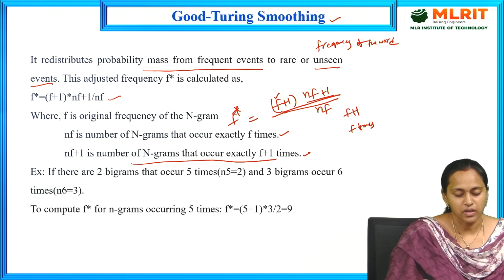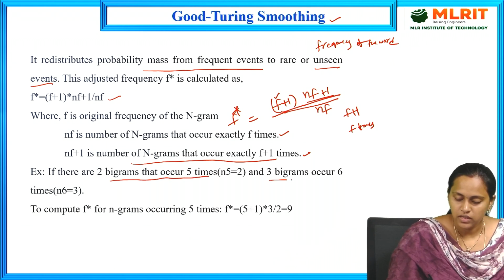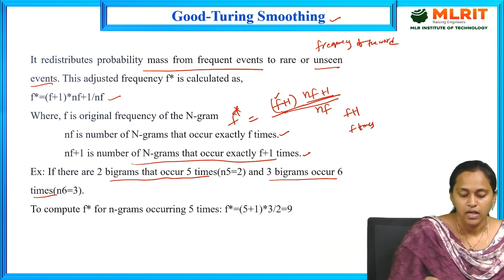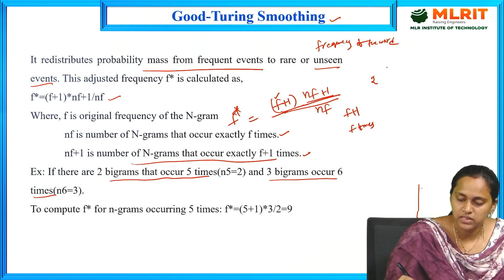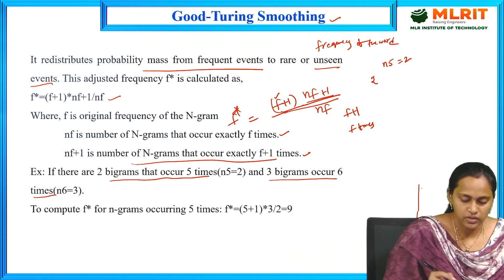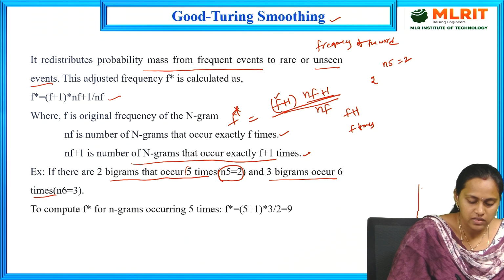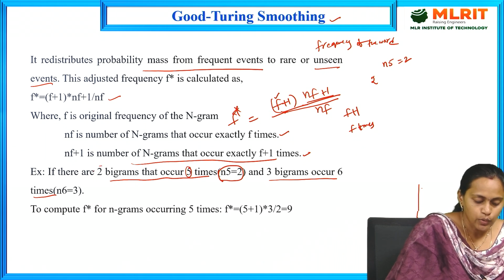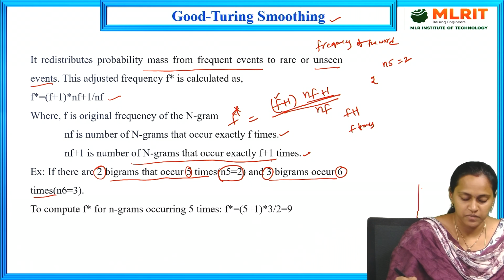Take the example: 2 bigrams that occur 5 times, 3 bigrams that occur 6 times. Here 2 bigrams occurring 5 times means N5 is 2, and N6 is 3.